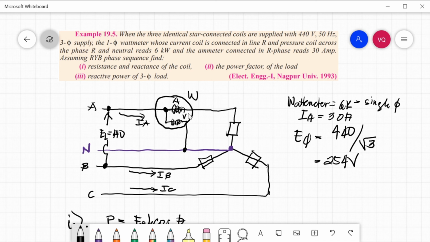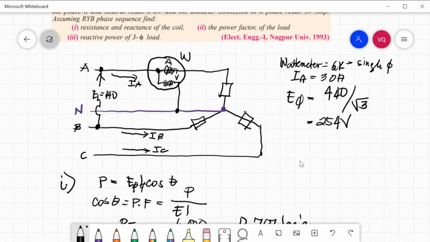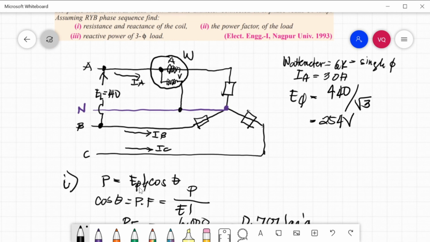And as you can see, this wattmeter is a single phase. So wattmeter is equal to 6 kilowatts. And for the single phase wattmeter, we have P is equal to E phase I phase cosine theta, or simply EI cosine theta.